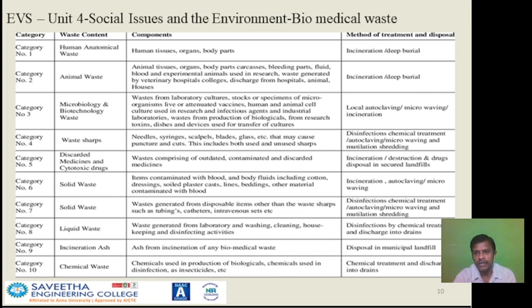Disinfection by chemical treatment and discharge into drains. Category 9 is for incineration ash from the incineration of any biomedical waste, disposed by using municipal landfills. And category 10 is for chemical waste. Chemicals used in production of biological chemicals, used in disinfection as insecticides, etc. Chemical treatment and discharge into drains. And these are the various classifications and categories of biomedical waste management.